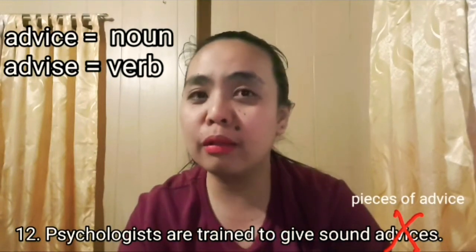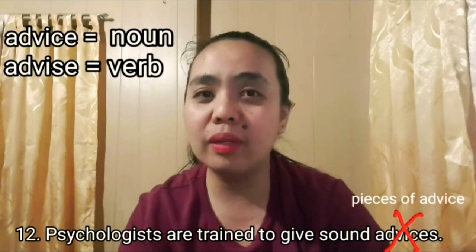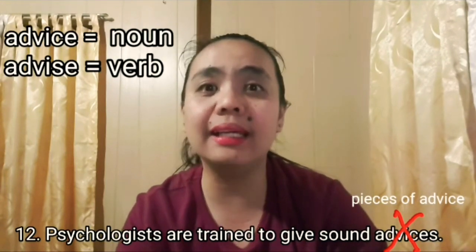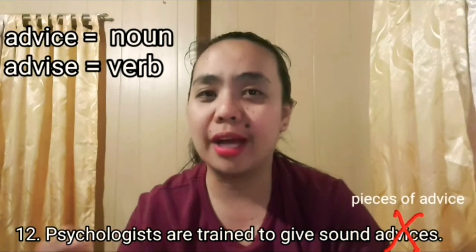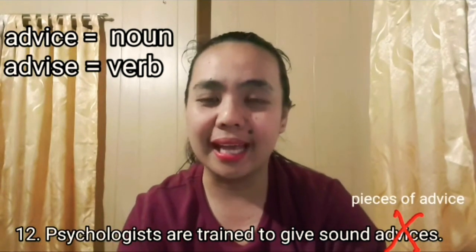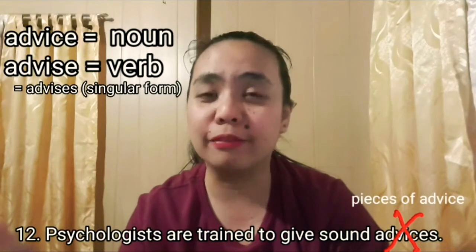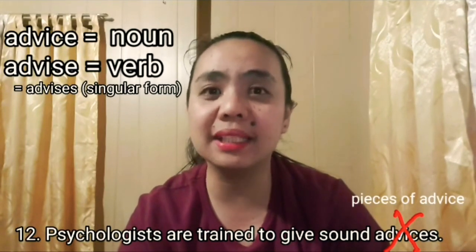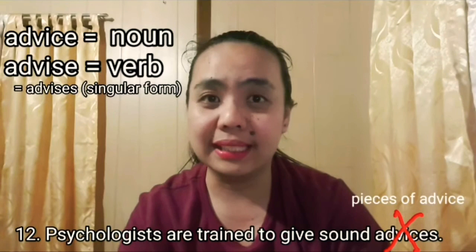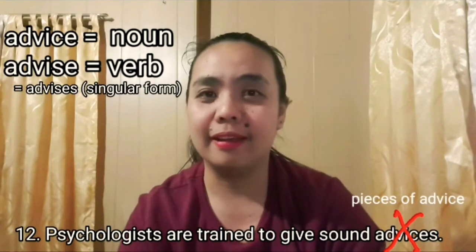And the plural form of the noun advice, C-E, would be pieces of advice. Okay? But the singular form of the verb advise, A-D-V-I-S-E, is advices. Okay, so clear? Okay, next, number 13.